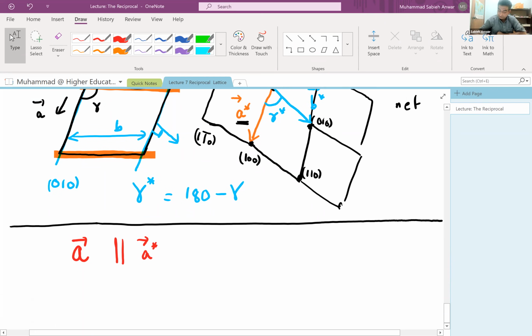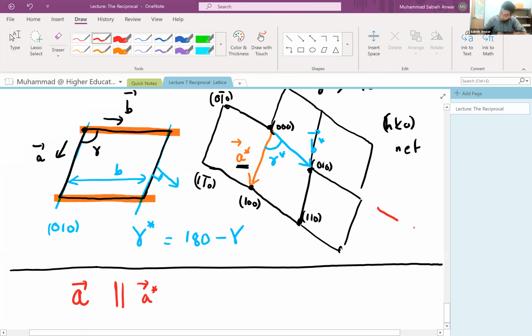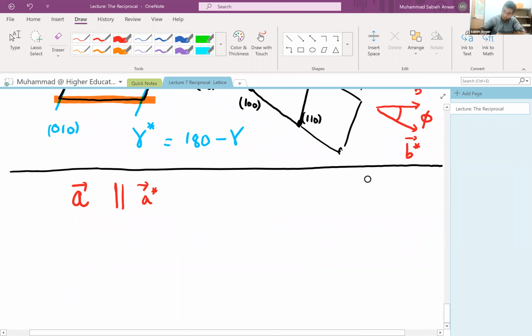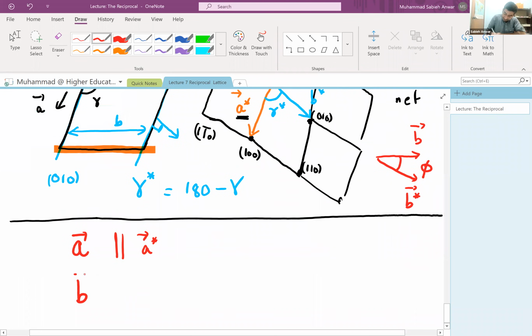Okay. So here you can see B star is in this direction and B is like this. So they are not normal to one another. They are not orthogonal to one another. Rather, there is a certain angle between them, let's call this angle phi. So if I were to take B and form its dot product with B star.